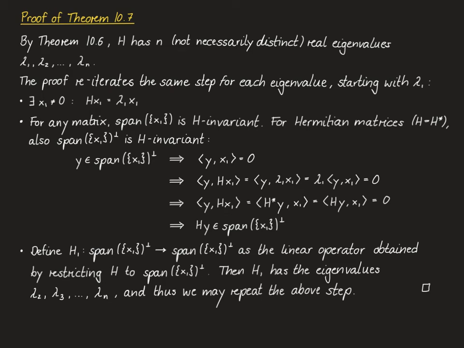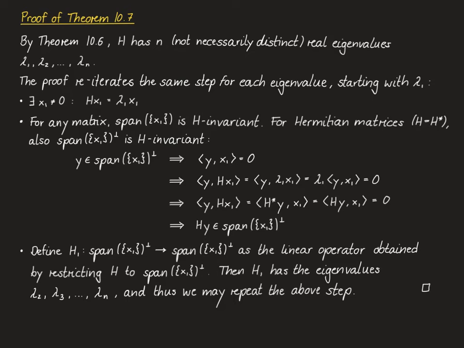Since the orthogonal complement of the span of x1 is invariant under the operation of H, we can restrict the operator H to the orthogonal complement of the span of x1 and define a restricted operator that we call H1, which maps between these two n-1 dimensional spaces.